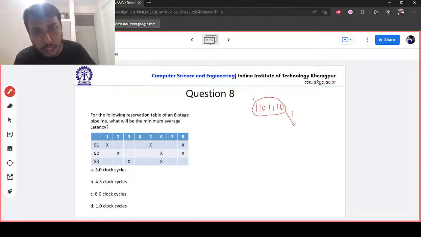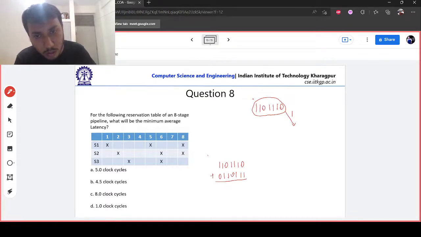How will we find the next state? We take the collision vector 0, 1, 1, 0, 1, 1, 1, left shift it by 1 and OR the value. So it will be 1, 1, 1, 0, 1, 1, 0.